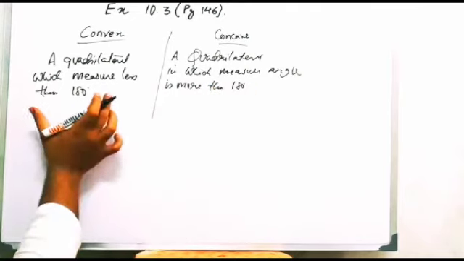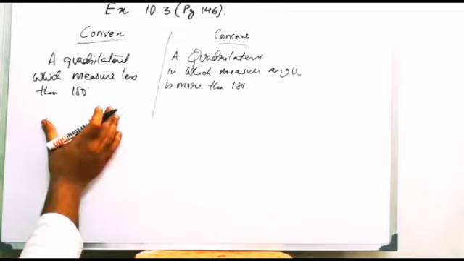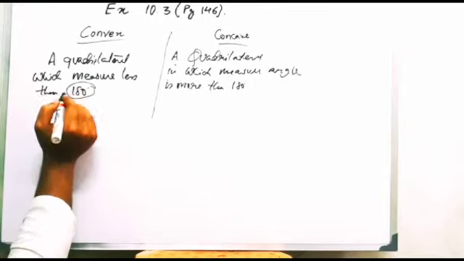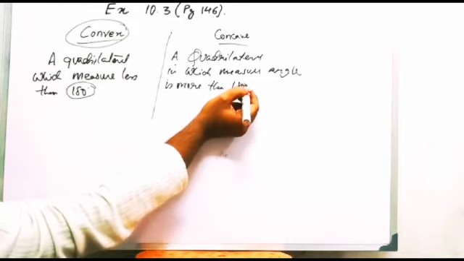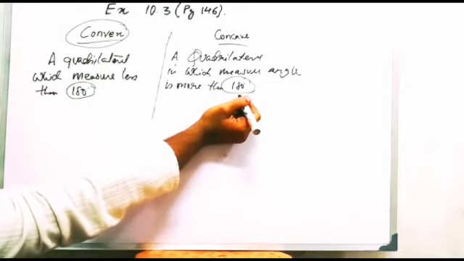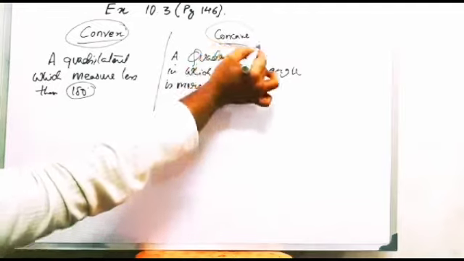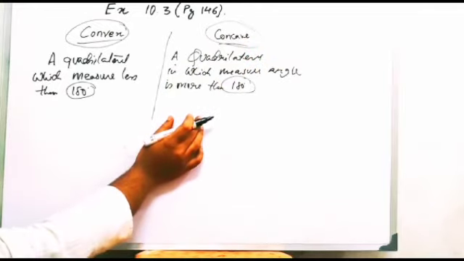Okay, in this figure having less than 180 degree is convex quadrilateral. Figure having more than 180 degree is concave quadrilateral.